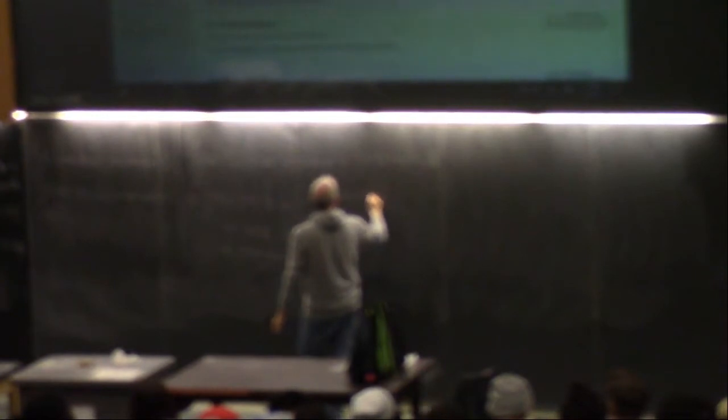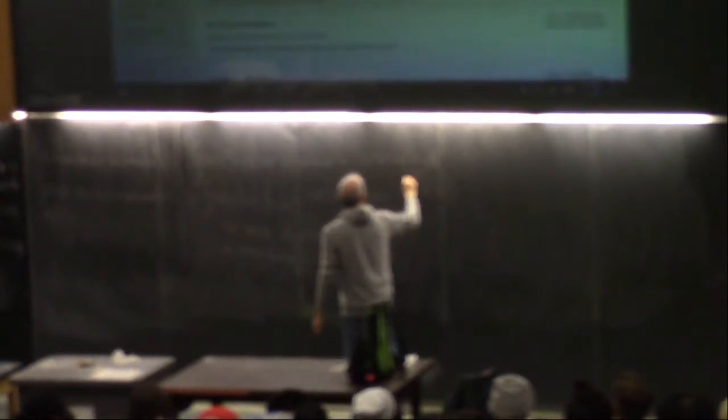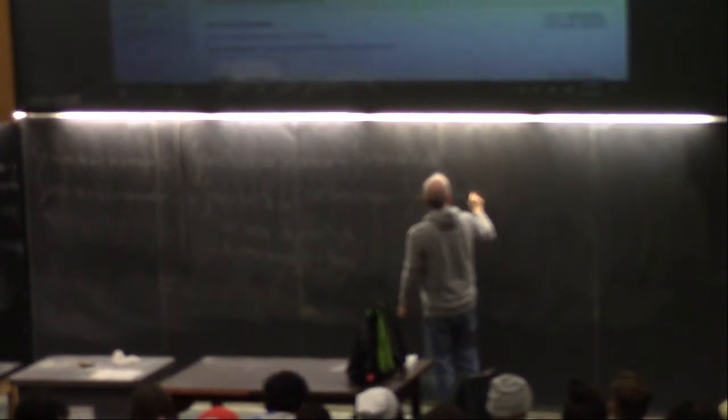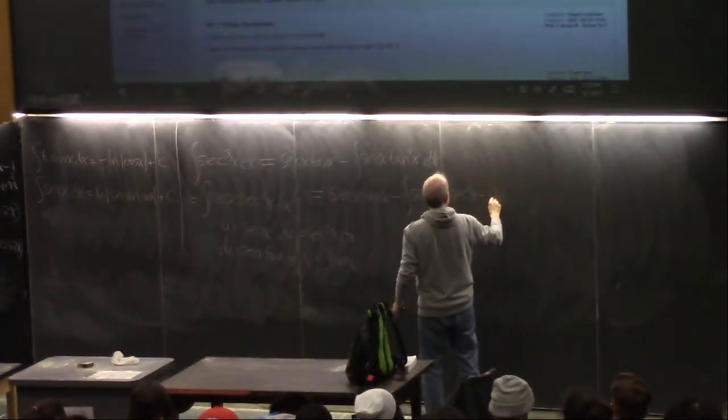Now what do you do? Well, I'm going to take the tan squared and I'm going to make it secant squared x minus 1.